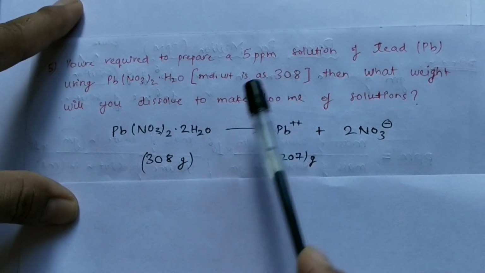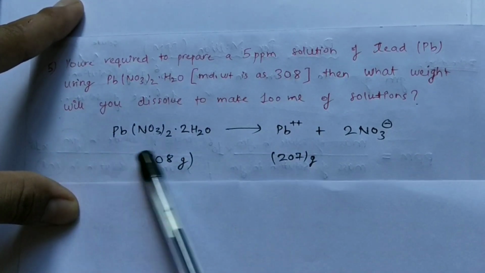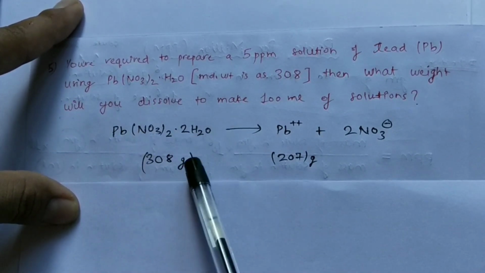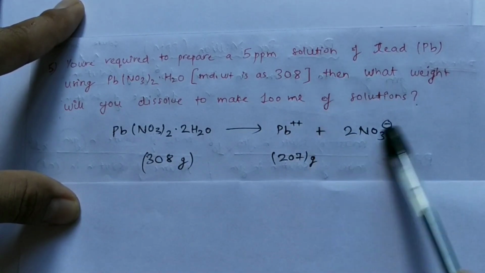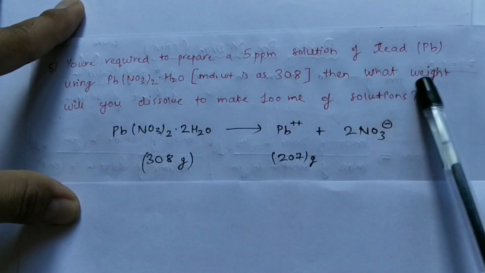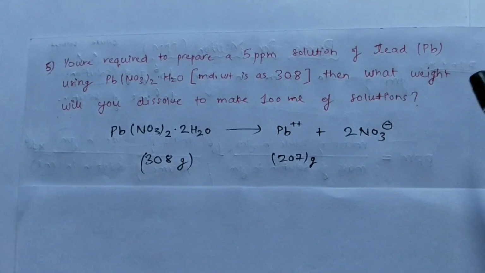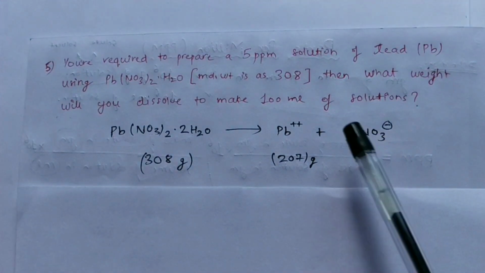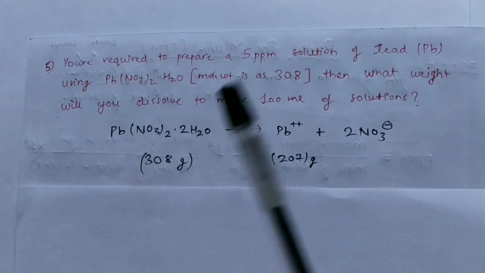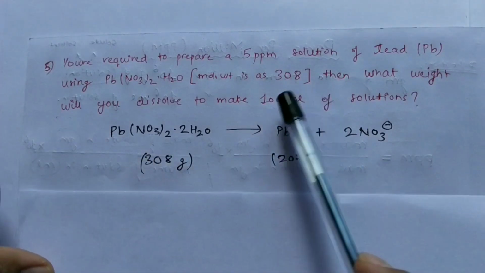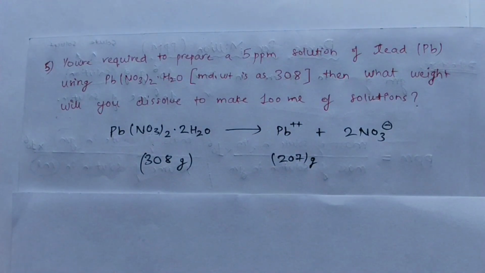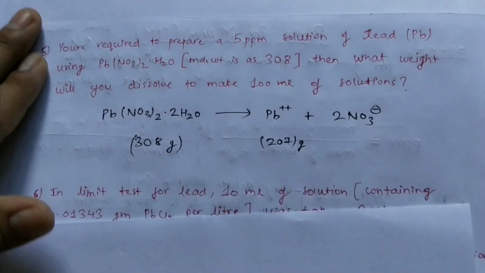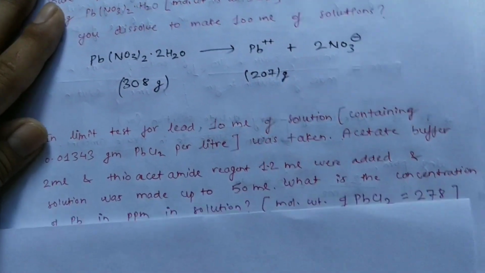The molecular weight of the whole compound is 308 gram, then you find NO3: oxygen 16, nitrogen 14, multiply and find the total for NO3 twice, and just subtract from 308, then you will get the Pb or lead molecular weight, 207. So the same way you found the iron, you will do the same for this question. Now coming to the next question.